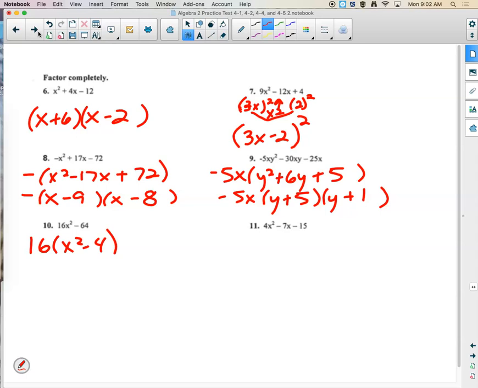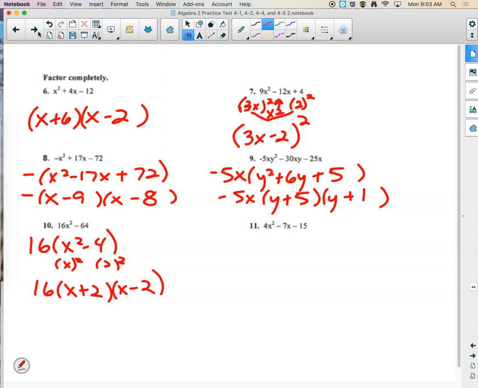Oh, wait a second. I think we're supposed to know that pattern. X squared minus 4. Hey, those are perfect squares. So we've got 16, but then how do we make sure there's no middle term? Good. X plus 2 and x minus 2. Opposite signs, no middle term.